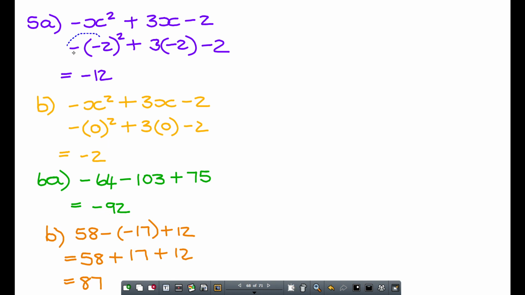Oh, over here. You mean those two? Oh, what does BODMAS tell me? First bracket. So I can't touch that negative in the front yet. I must first sort out these two. Okay. And -2 to the power of 2 gave me a positive 4. So this whole term would then be -4. Okay.